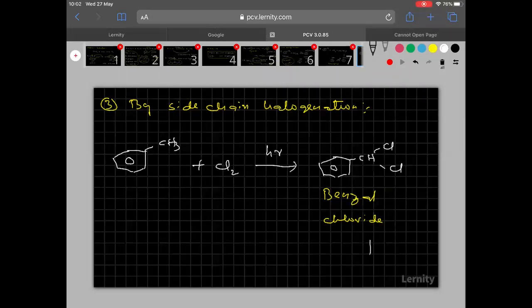Clear? So this benzal chloride, when undergo hydrolysis in acidic medium, then you see HCl is removed out.